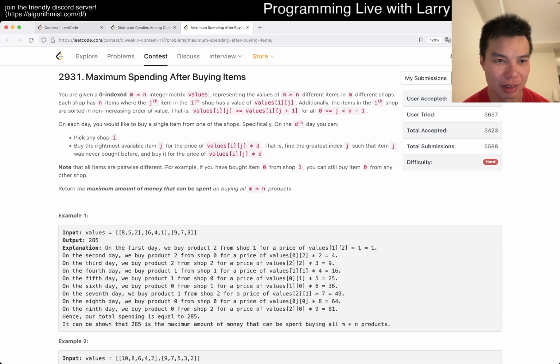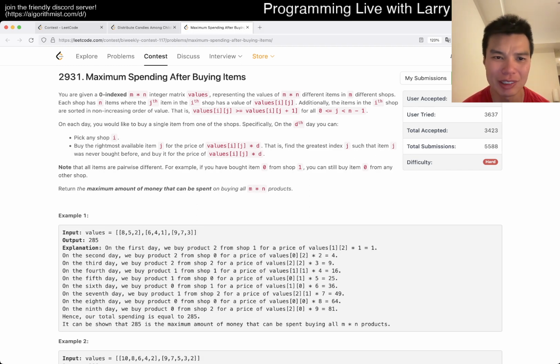Monotonically decreasing. Okay. Pick any shop I. Buy the rightmost item J. For some D. What is D? Oh, on day D. Okay.